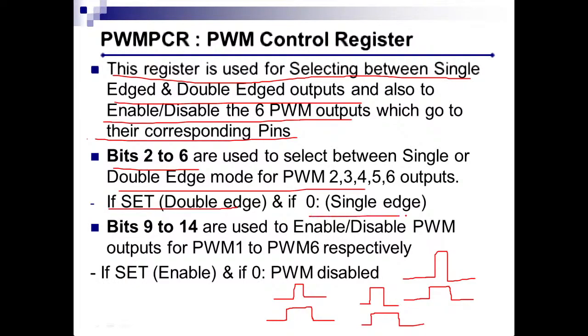When you reset the bit, it will provide a single edge PWM. And bits 9 to 14 are used to enable or disable PWM outputs for PWM 1 to PWM 6 respectively. If it is set, it is enabled. If it is 0, then the PWM is disabled.